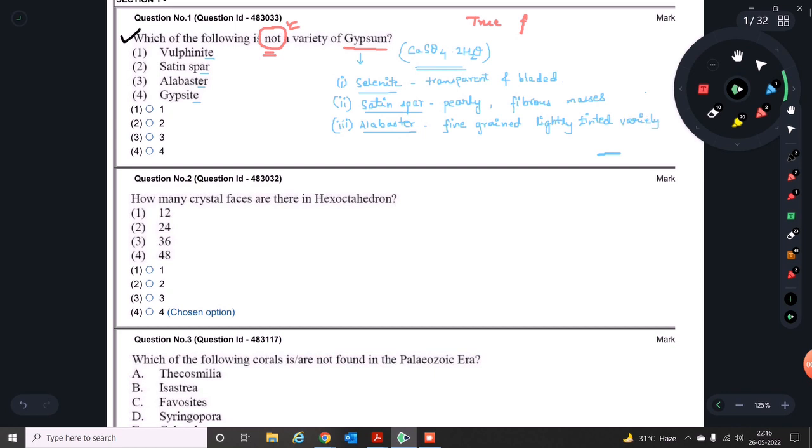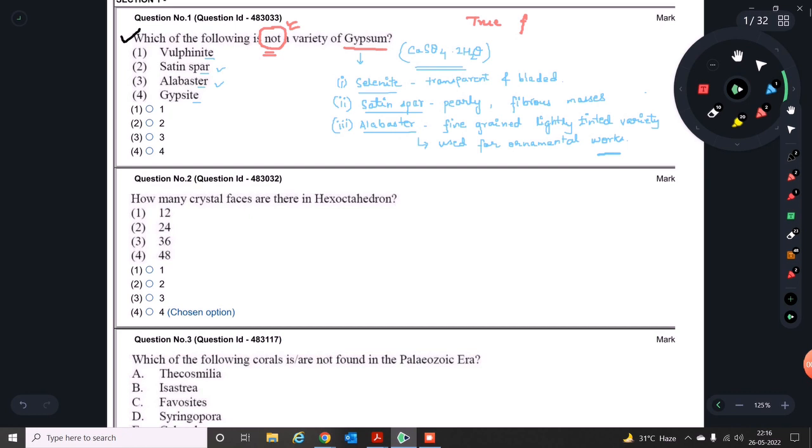Lightly tinted variety of gypsum. So basically, this alabaster is used widely for ornamental works. Okay.